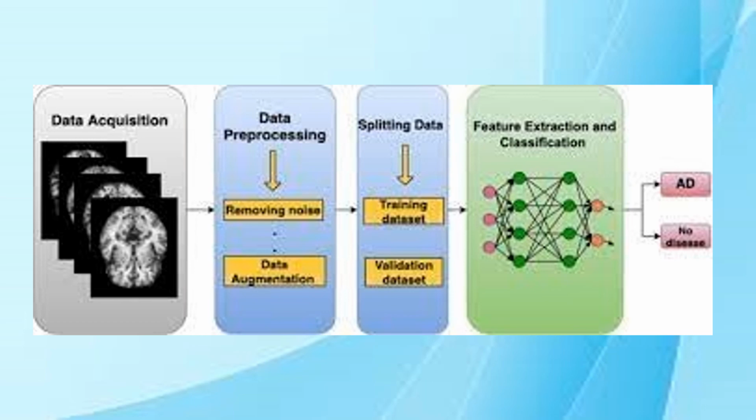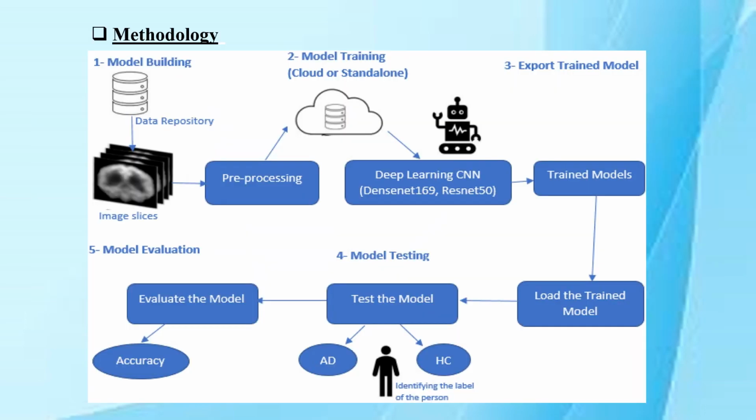By giving the MRI scan of a diseased person, it can give the result as diseased, and the MRI scan of a non-diseased person can give the result as no disease. So coming towards the methodology, I can say this is the detailed version of the previous slide which I have shown. So first, model building.